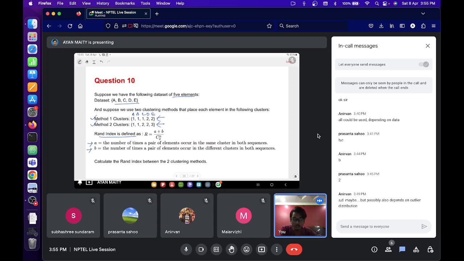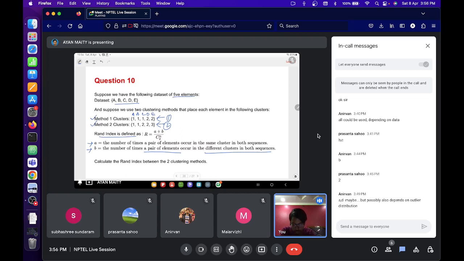So we take one pair of elements out of these 5 elements, A, B, C, D, E, and we check whether both the elements in that pair occur in the same cluster or not in both the sequences. This is sequence 1, this is sequence 2, using two different methods. That is A, and B is exactly the opposite, the number of times a pair of elements occur in different clusters in both sequences.